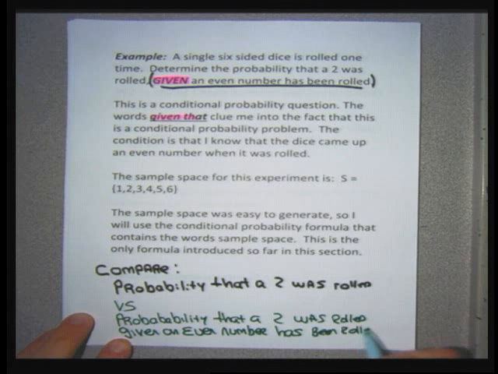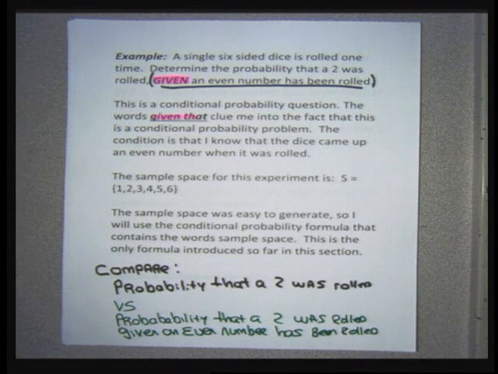So they're both asking me what are the chances that a 2's been rolled, but from a different perspective.